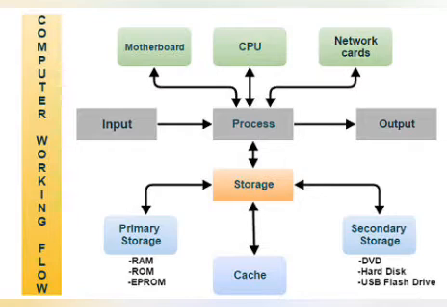Now the second part is process. What do you understand by process? After inputting data, the computer will work on that data, the computer will process that data. So that is known as processing. The processor, also called CPU, that is central processing unit, is the main chip in the computer which is used to process data.